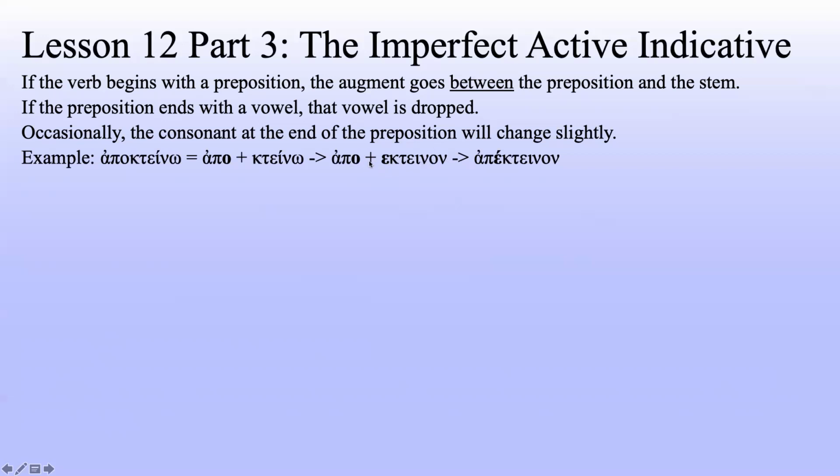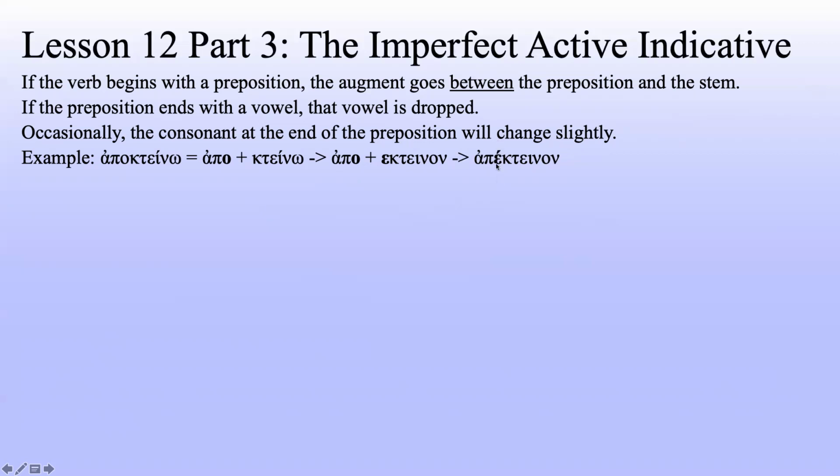Apo ekteinon. We don't want two vowels next to each other. So this omicron drops out and we've got apekteinon. So we'll need to know that for when we form these verbs, when we conjugate them. We'll also need to know this for our parsing, because if you look at the beginning, it's not going to look like it has an augment until you realize, oh, this is a preposition at the beginning.